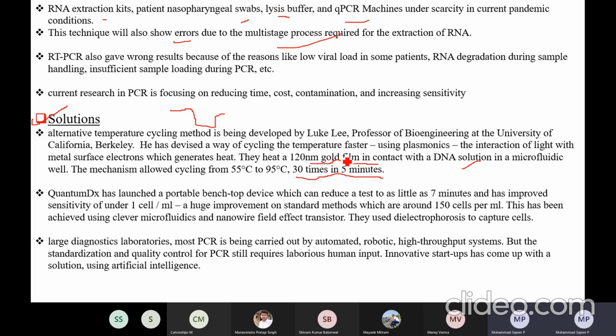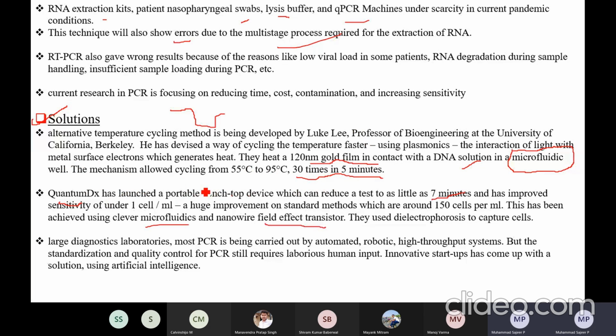And also, in the future of PCR, microfluidics techniques are going to be very important, which I will explain later. Companies like Quantum DX and others have developed benchtop devices which can reduce the test time to as little as 7 minutes, and have improved the sensitivity from 1 cell per ml to 150 cells per ml, using microfluidics and nanowire field effect transistors.